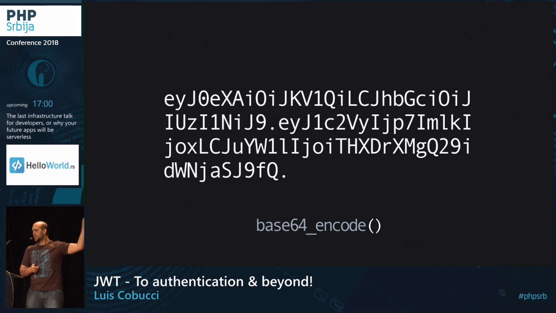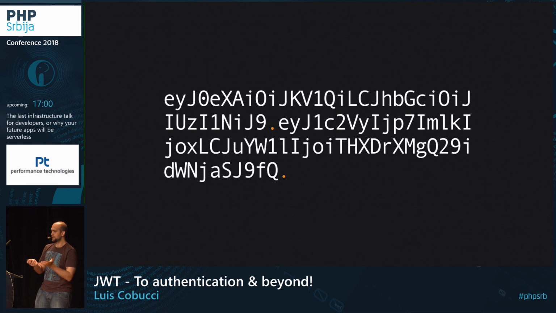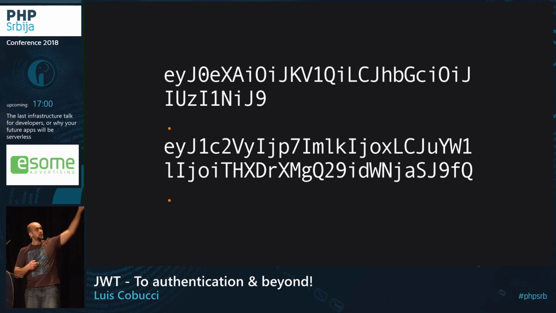But there are some dots there. And dots are not part of the allowed characters in base64 encoding. The dots here serve as separators in JSON Web Tokens. So if we just break the line to have something simpler, we will see that we have different parts.